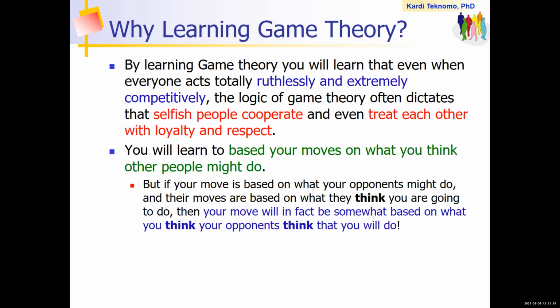Even if your move is based on what your opponent might do, and their move is based on what they think you are going to do, then your move will in fact be somewhat based on what you think your opponent thinks you will do. Meaning you can always think about others, based on your selfish ambition. Eventually, because you think about what the others will do, based on their selfish ambition also, you can actually treat each other with loyalty and respect.